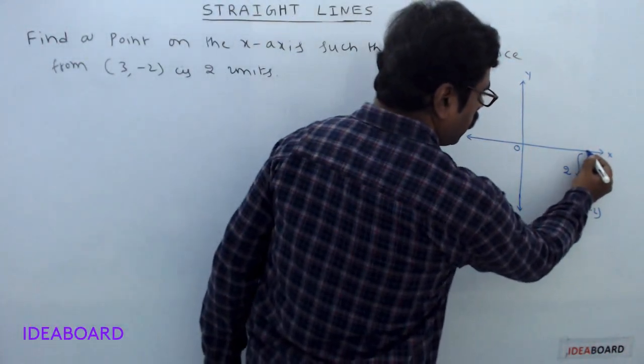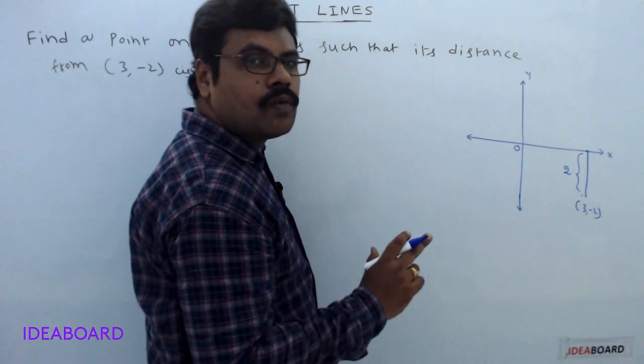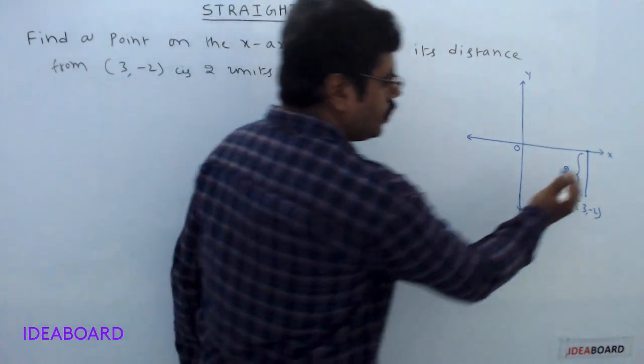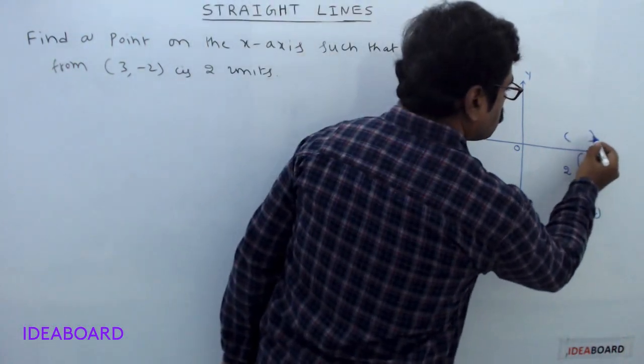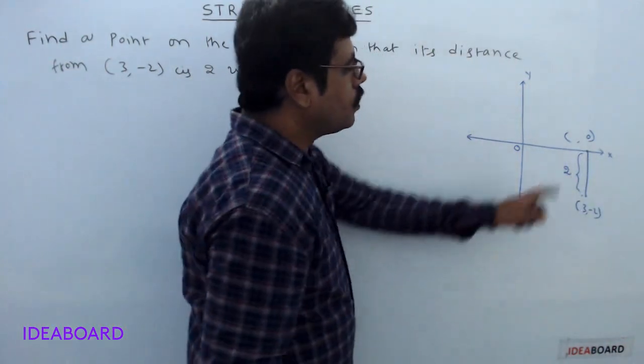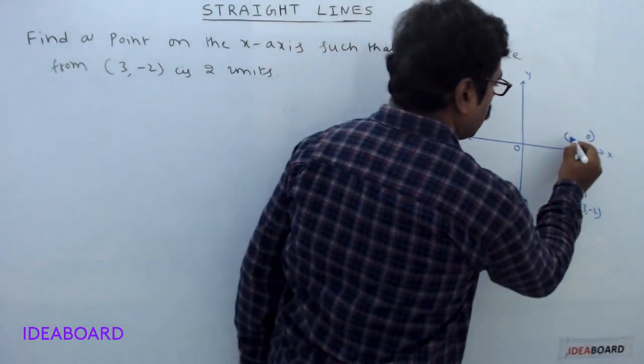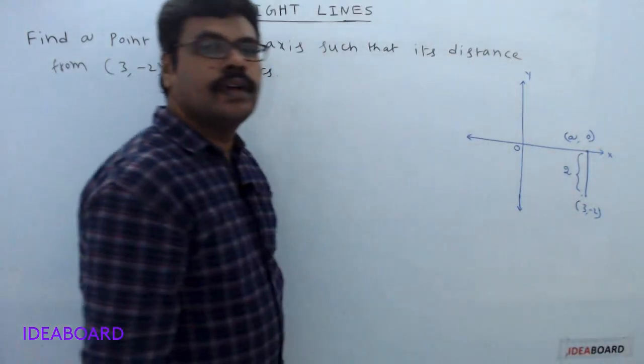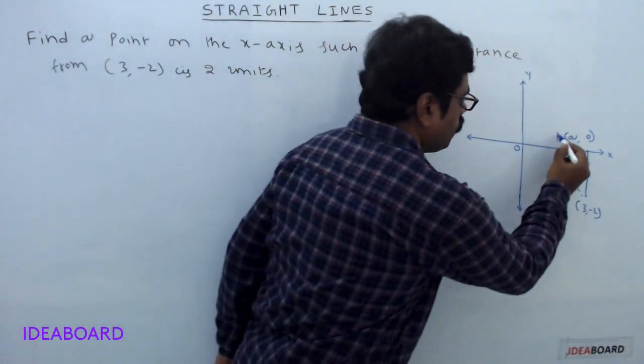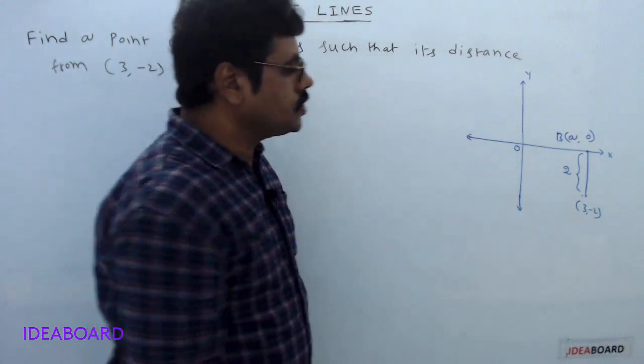If you take any point on the x-axis, its y-coordinate value is 0. So the y coordinate value is 0, but we don't know the value of the x coordinate. Take that x coordinate as some a. So let B equal (a, 0).